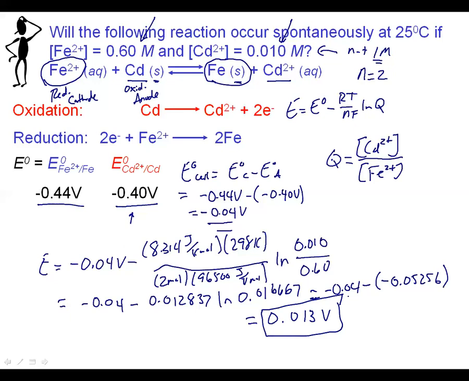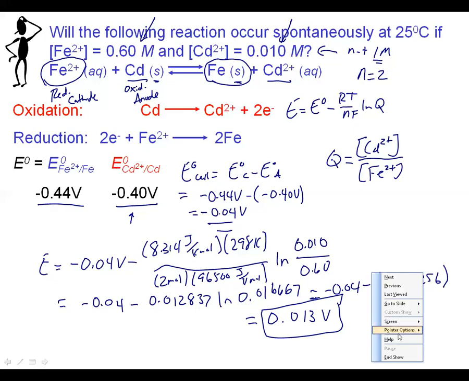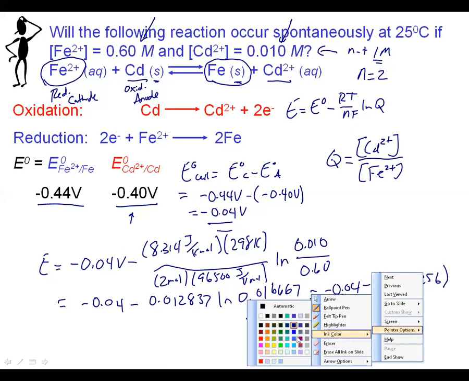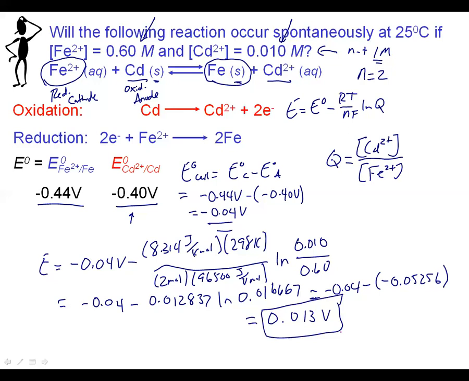Now, what we do see is under standard conditions, this cell would be non-spontaneous. It would not occur because we do have a negative voltage over here. But by playing with the concentrations, it will technically become spontaneous under these conditions.